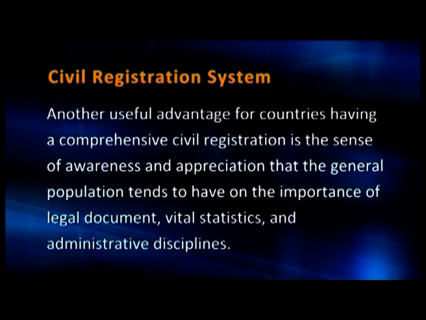Another useful advantage for countries having a comprehensive civil registration is the sense of awareness and appreciation that the general population tends to have on the importance of legal documents, vital statistics, and administrative disciplines.